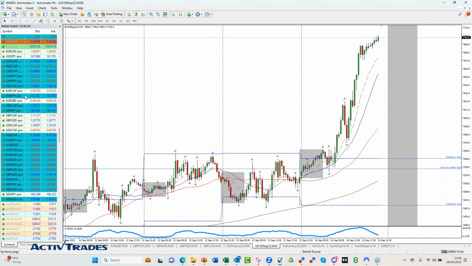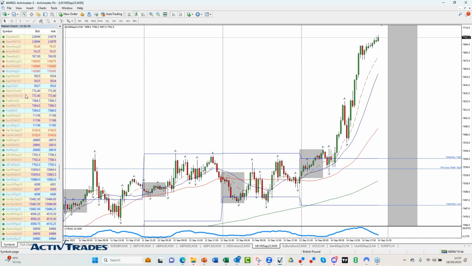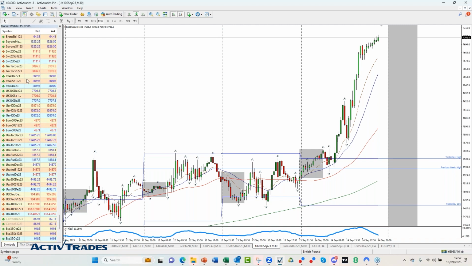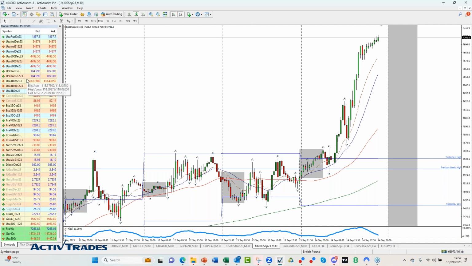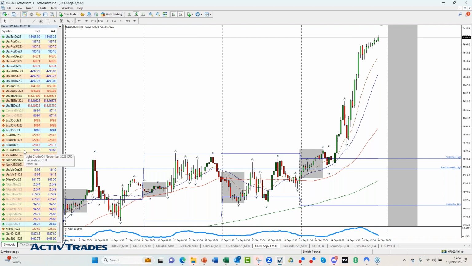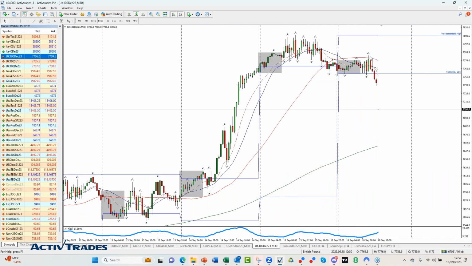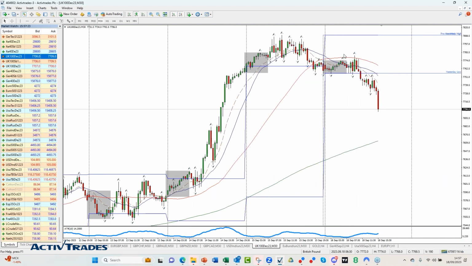What we can quite often see is when we see weakness in sterling, we can quite often see strength in the FTSE, because of the huge makeup of companies on the FTSE that derive their profits from their foreign operations, which means that if sterling weakens, their profits look stronger. And that's what we've seen there.